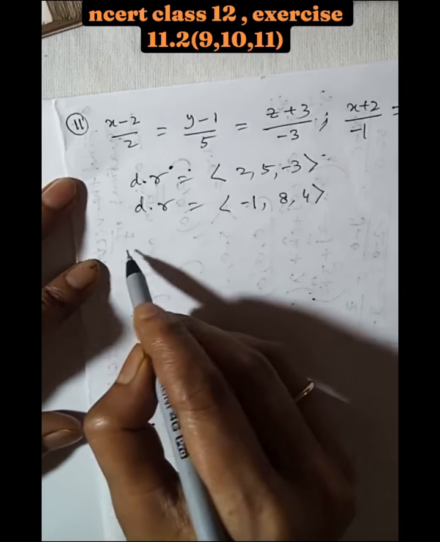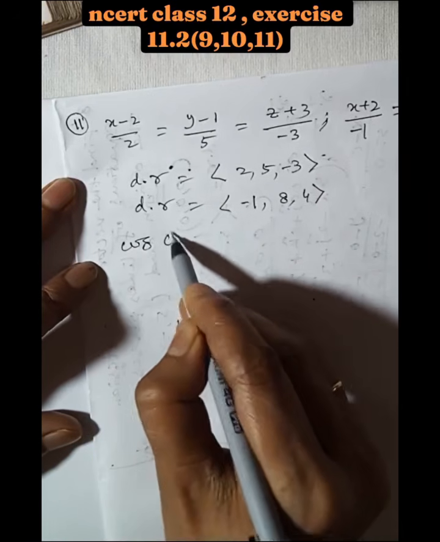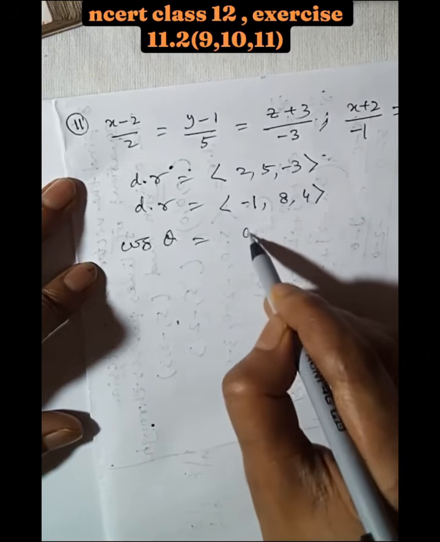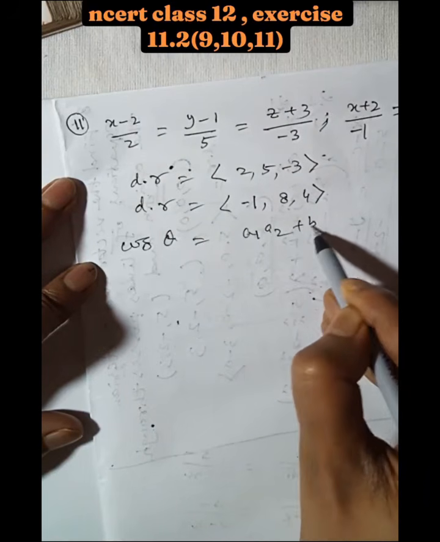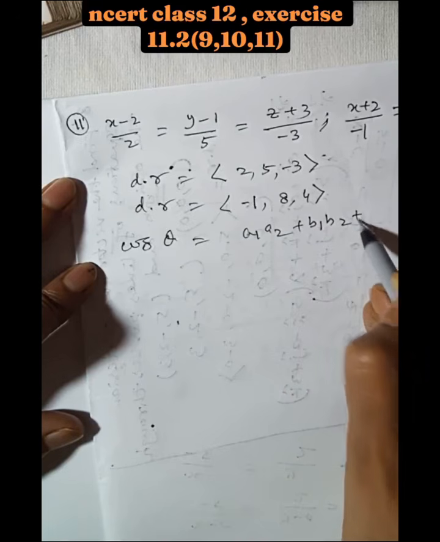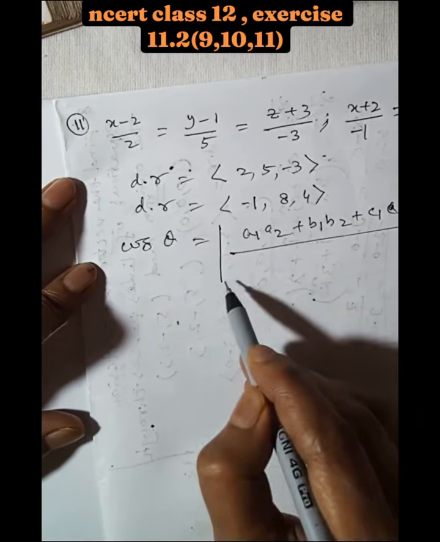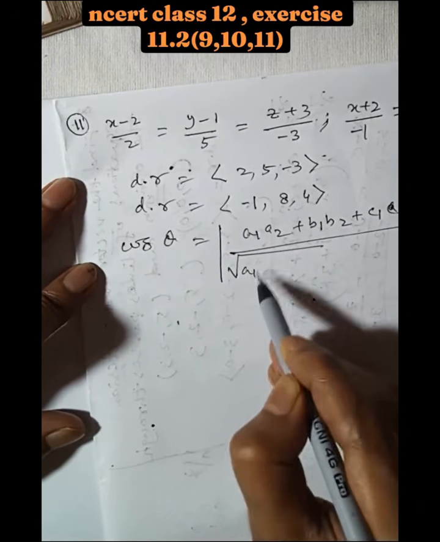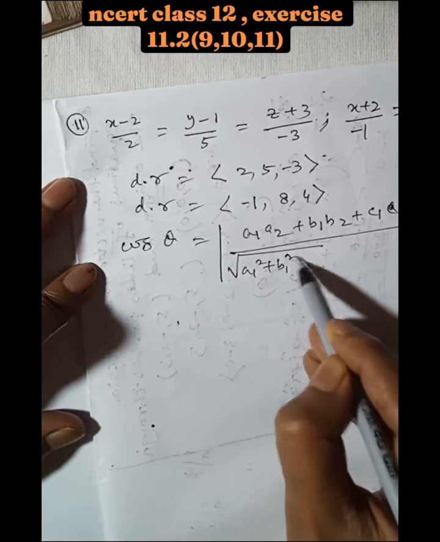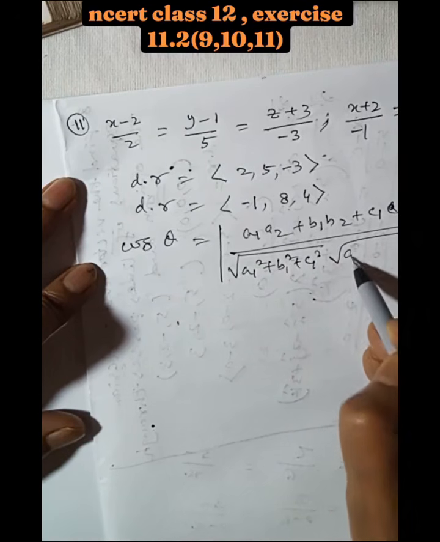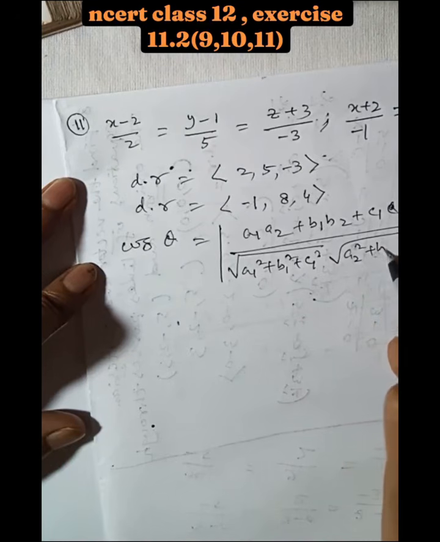So our angle formula is cos theta equals the modulus of a1 a2 plus b1 b2 plus c1 c2, divided by root over a1 square plus b1 square plus c1 square multiplied by a2 square plus b2 square plus c2 square.